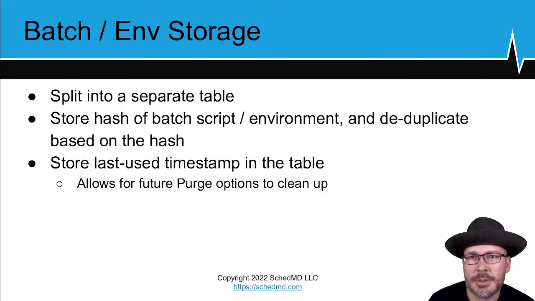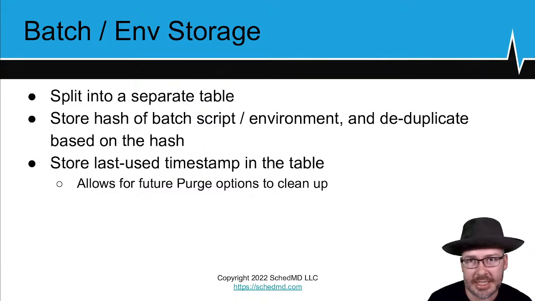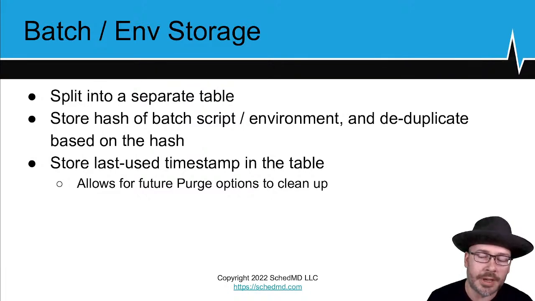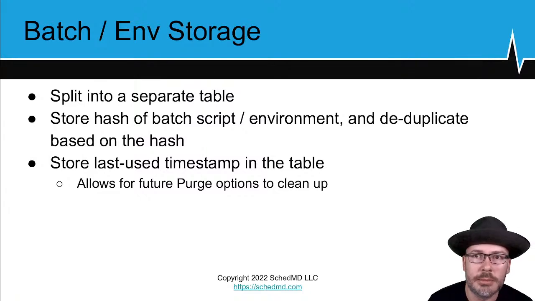As folks have talked about, I believe Jason earlier today mentioned some of this around the batch and environment storage. We had added the capability to store a user's batch script and a user's job environment in the Slurm database. But that was done in the main job table, which we found can lead to some performance concerns for a lot of systems. Also, for users that are making heavy use of job arrays, for example, it meant that every row in that table was getting an independent copy of that job script.